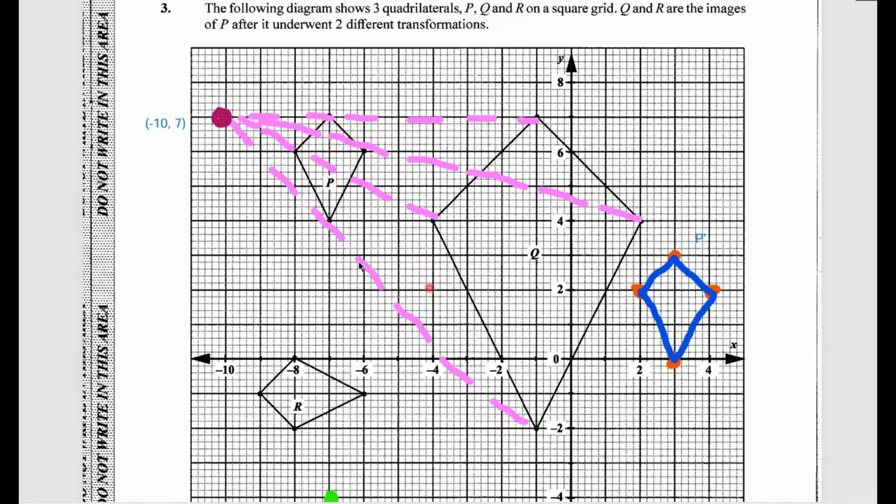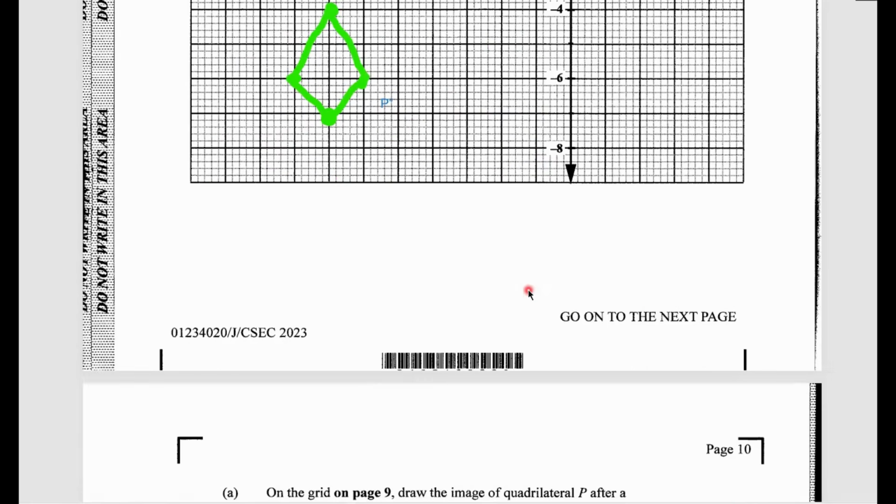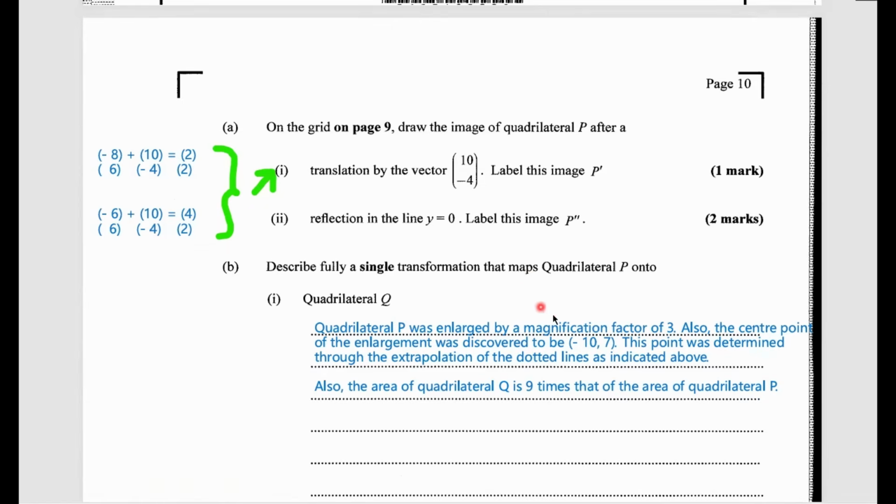And if you check it correctly, 1, 2, 3, and this is 1, 2, 3, 4, 5, 6, 7, 8, 9. So you can see there's an increase of 3 times. Okay, you see the magnification factor is 3, and center point of enlargement minus 10, 7. Now, area of Q is 9 times more.